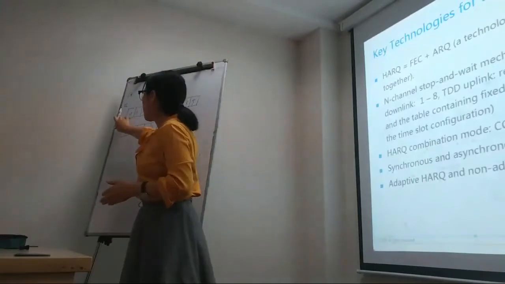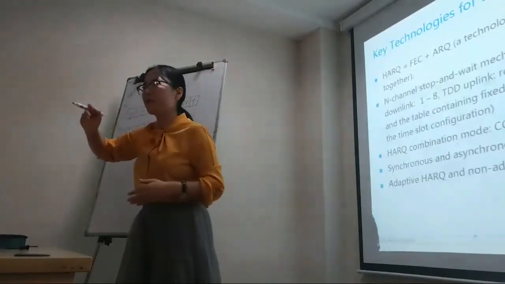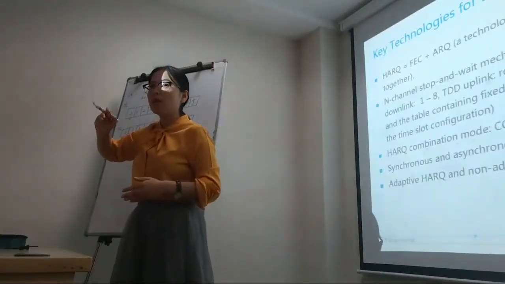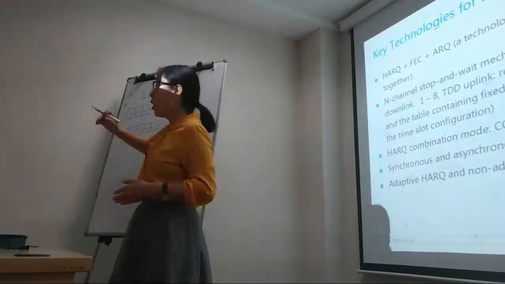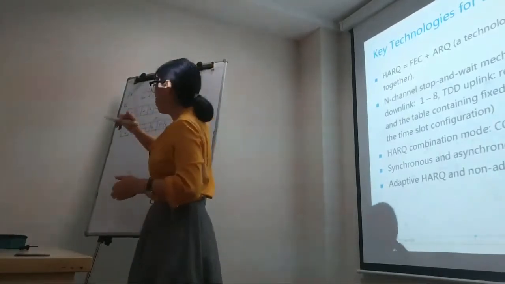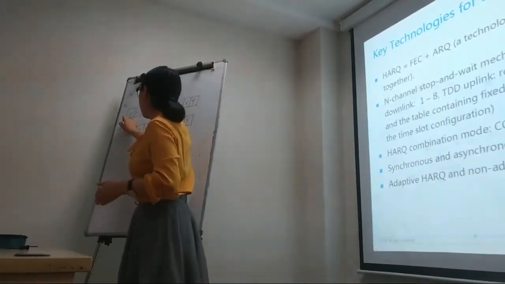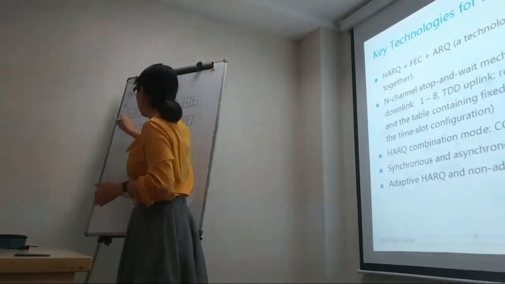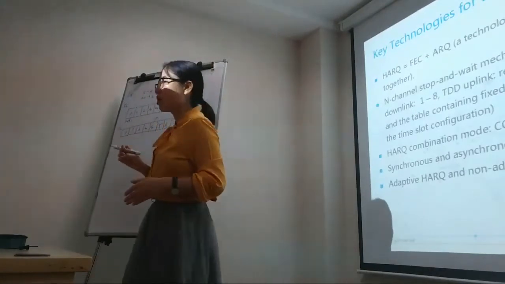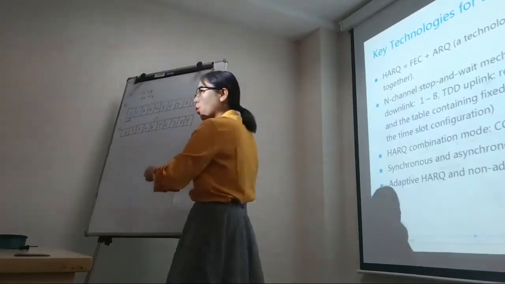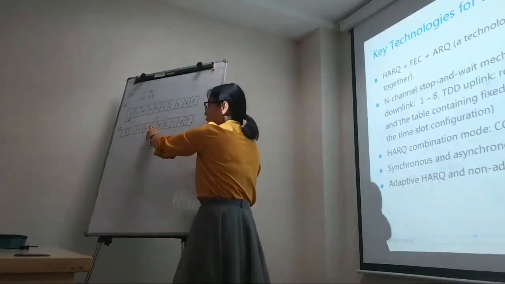If I transmit in 0, which subframe do I need feedback? Subframe 4, right? For example, this is data 1, the first data I transmit. So the uplink will give a feedback at subframe 4.